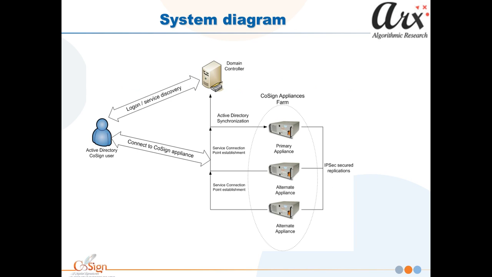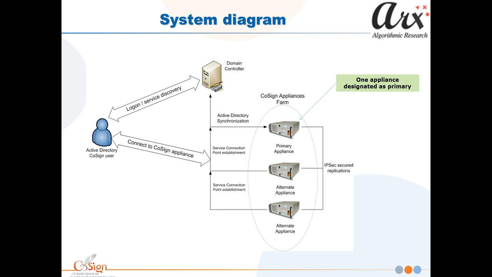So you should note here that the CoSign appliances are syncing against each other, so the alternates are syncing against the primary, and that's an IPsec secured communication, so secured replications. The primary appliance is the only one that's communicating with the domain controller.